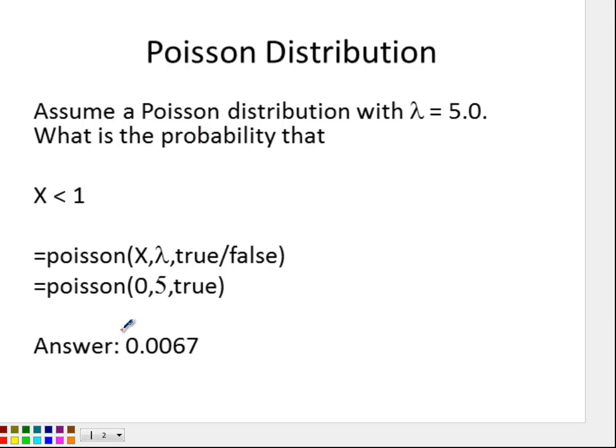So anything less than 1 will mean that it's less than or equal to 0. So for x, you can put 0. Lambda is 5. And since we have less than or equal to, we can use the word true. And once you put that into Excel, you get 0.0067.